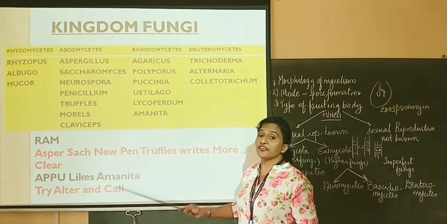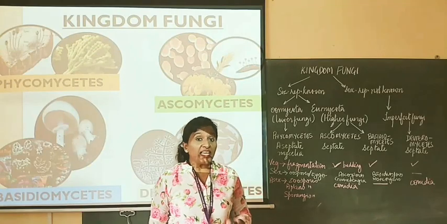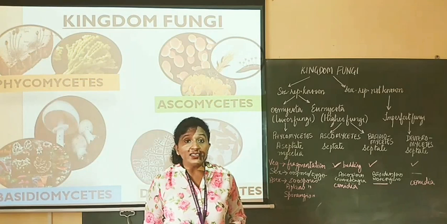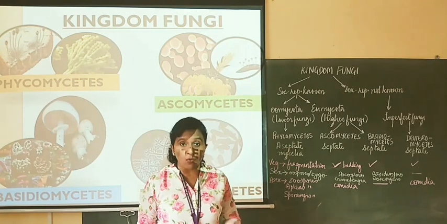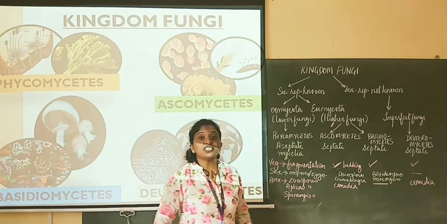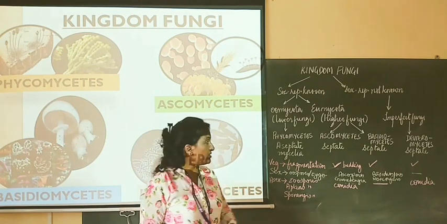So this way we can remember all the species. Based on the mycelia, mode of spore formation and the fruiting bodies, we can easily differentiate between all four classes of kingdom Fungi.